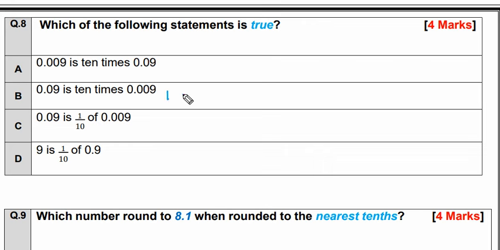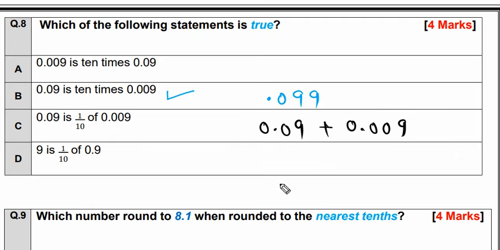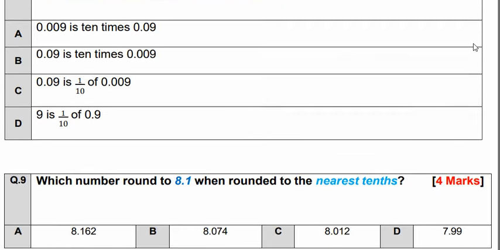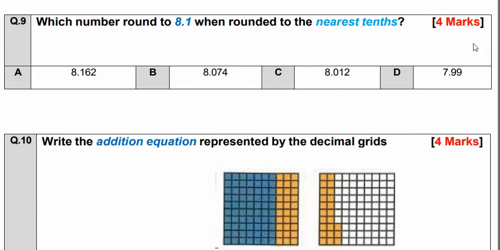If you see here 0.9 and 9, you can write this as 0.09 plus 0.009. Now this is 10 times of this, and this is 1/10 of this. I hope you understood this. Let's move on to the next.